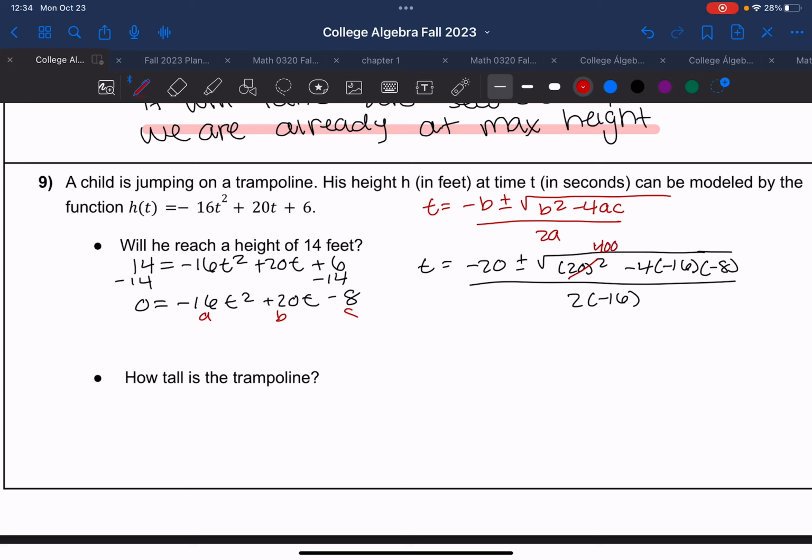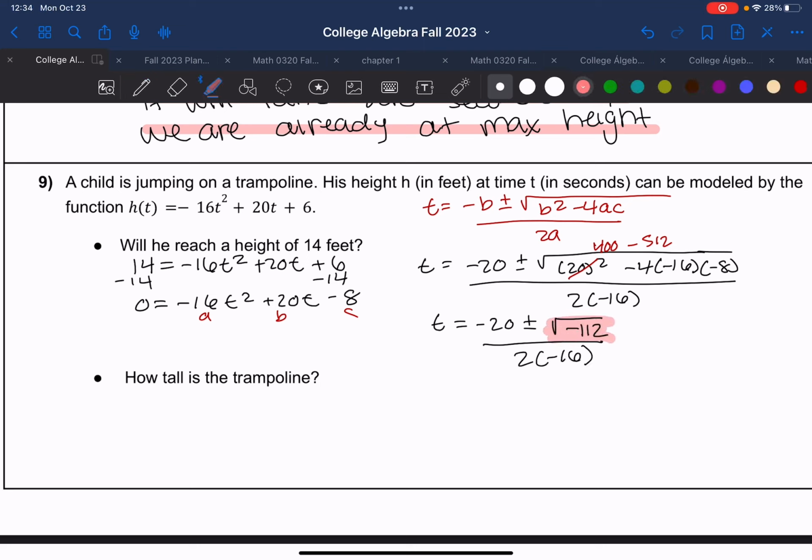And then negative 4 times negative 16 times negative 8 is minus 512. Notice if I combine those numbers, I'm going to get a negative number under the square root. So I'm going to get t is equal to negative 20 plus or minus the square root of negative 112 all over 2 times negative 16.